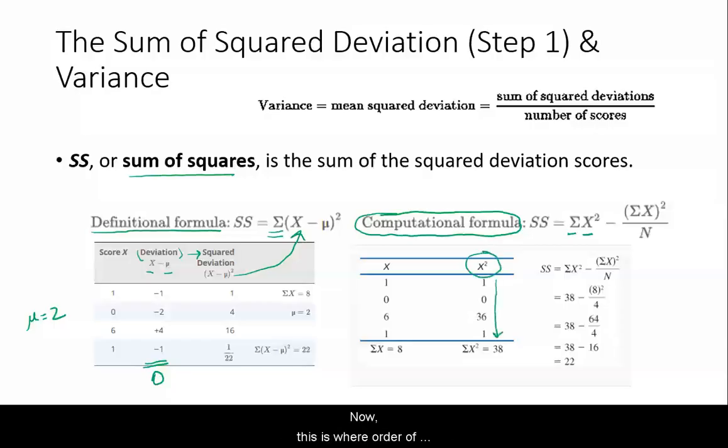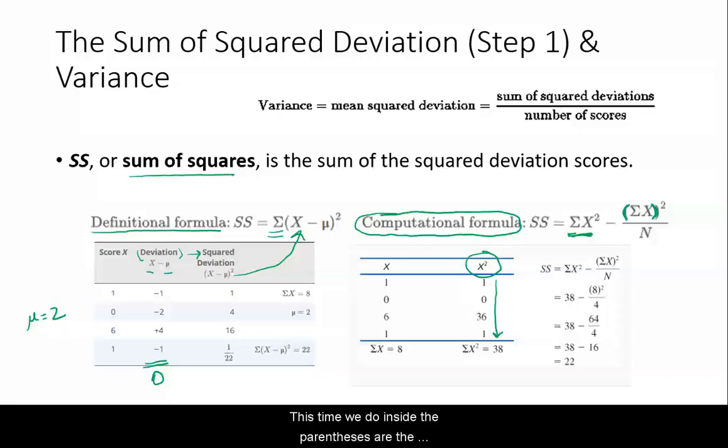Now this is where order of operations matters, because we're going to take that, and from it subtract a fraction. The top of our fraction is sigma x in parentheses, squared. Now remember, parentheses first, exponents second. We had no parentheses in the first one, so we just squared them and added them up.